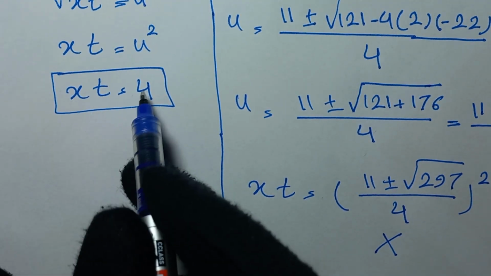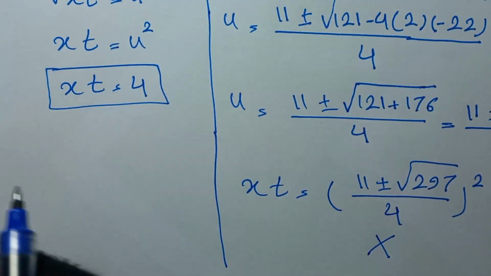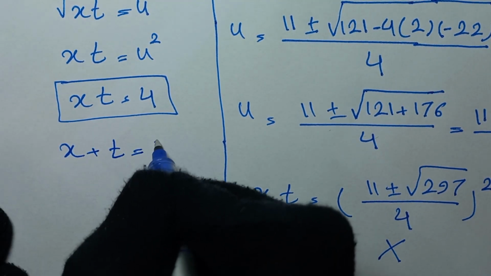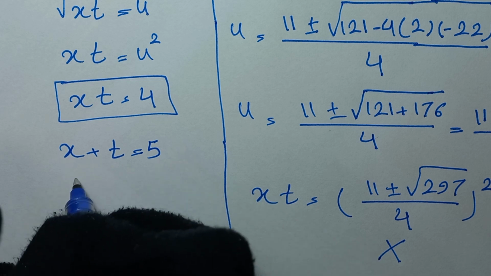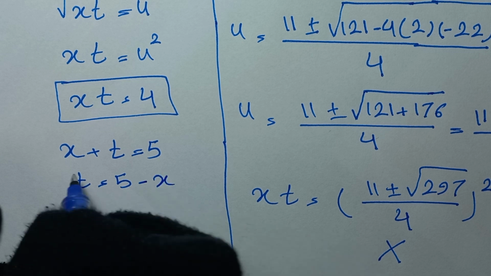So xt is 4, and from equation 1 in here x plus t is 5, so we write in here x plus t is 5, and here we take this x to this side, and t is equal to 5 minus x, right?